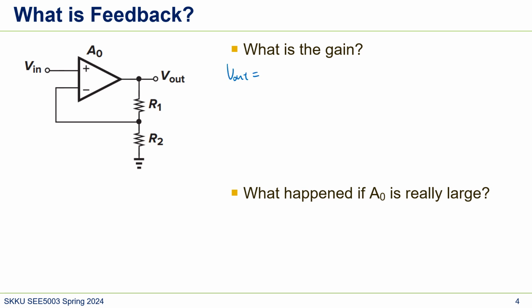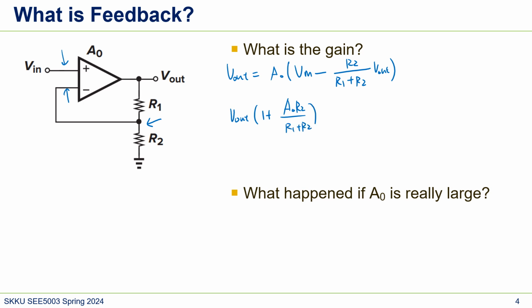V out is actually this voltage difference times A0, which means A0 times V in minus this voltage, which is a voltage divider, R1, R2 V out, right? If you just do some math, it would be V out times 1 plus A0 R2 over R1 plus R2 is A0 V in.